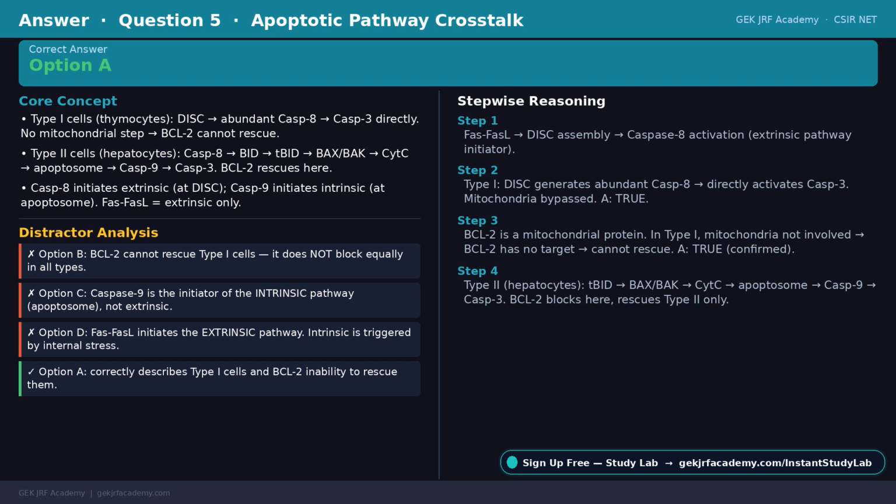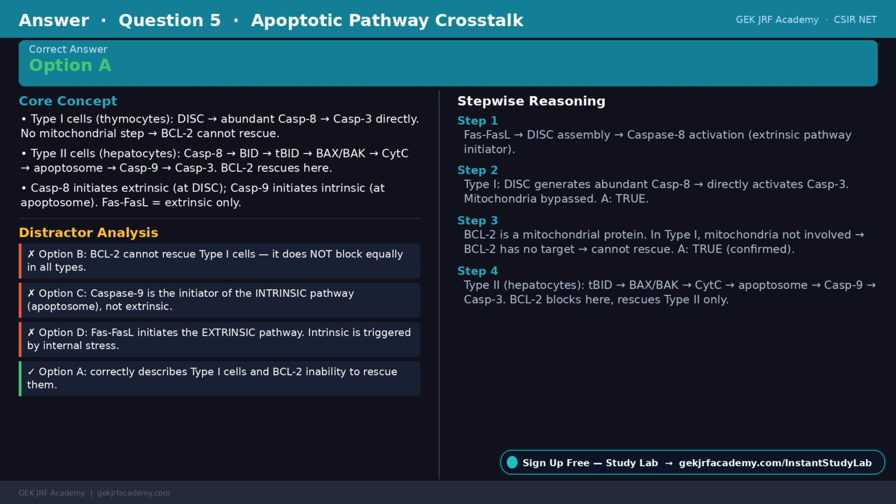This is a critical and frequently tested distinction in CSIR NET cell biology. In type 2 cells, including hepatocytes, the DISC generates insufficient caspase 8 to directly activate caspase 3. Instead, caspase 8 cleaves BID to generate truncated BID, called tBID. tBID activates Bax and Bak, causing mitochondrial outer membrane permeabilization.